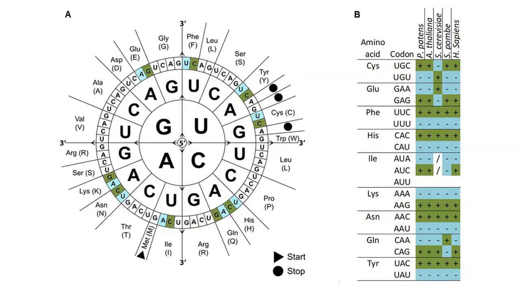But that can still affect the protein translation because you're calling for a different tRNA to bring isoleucine. So that's where the bias really comes in. And this chart is looking at lysine: for all 5 of these organisms, they all prefer AAG. Even though the other codon will bring them lysine, it's not selected for as much.